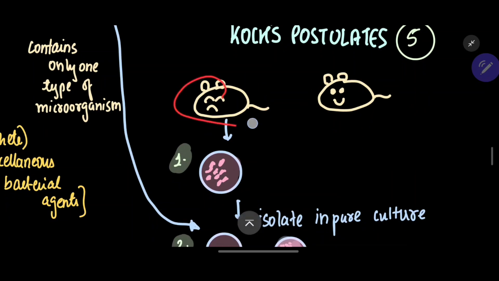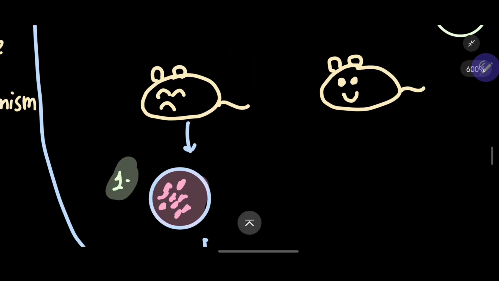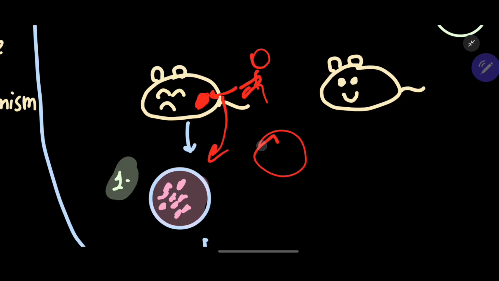Now he looked at this sad rat and he was like, what if I isolate this guy's disease lesions? Let's say this rat had some skin lesion. Okay, he was sick, and then Koch was just sitting here, and then he thought, let me take this and isolate it in a culture because I just discovered that there's something called solid media, and I can isolate this in a culture.